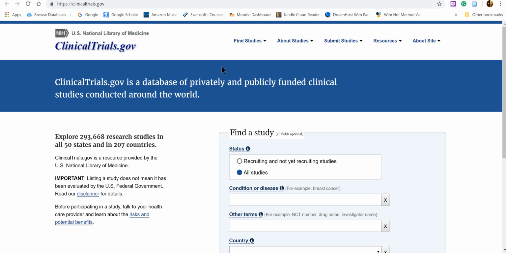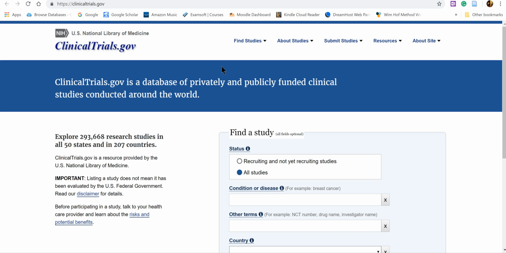People can go to clinical trials and see which studies are actively recruiting, and if they have a particular cancer or some sort of disease, they can call and see if they can get into the study. This was initiated for recruitment, but it was also initiated because drug companies or medical device companies would run a study at 5 different universities and then publish the ones that they liked and ignore the others.